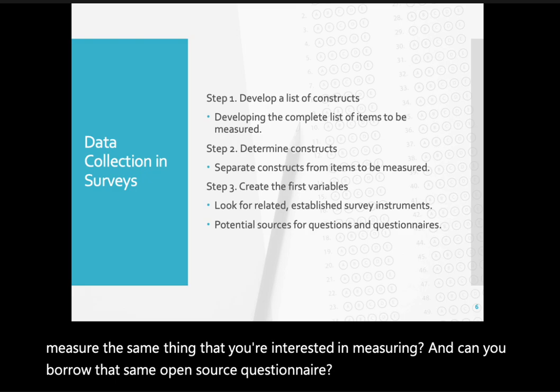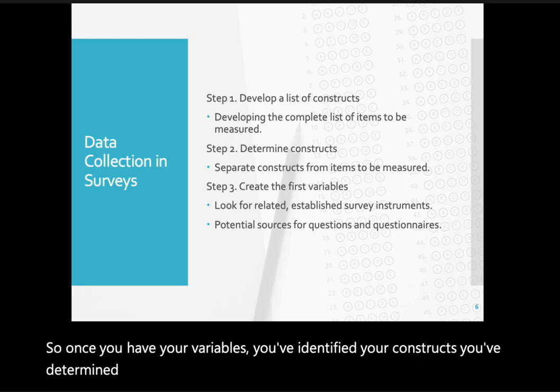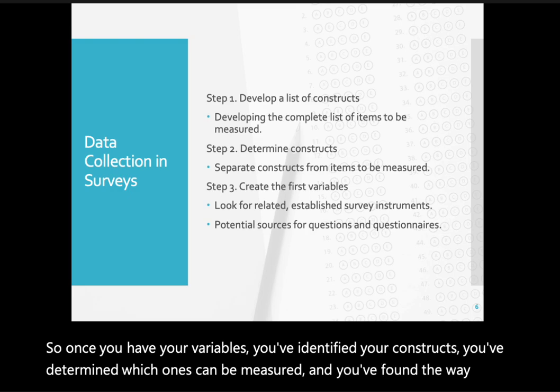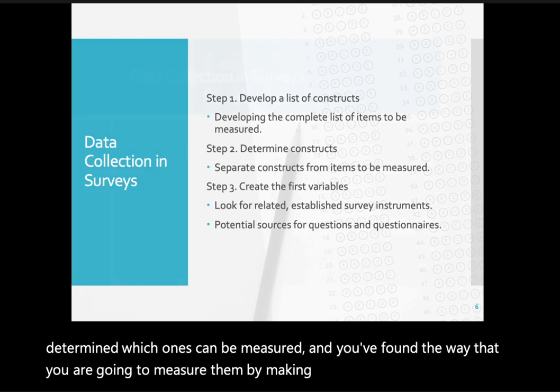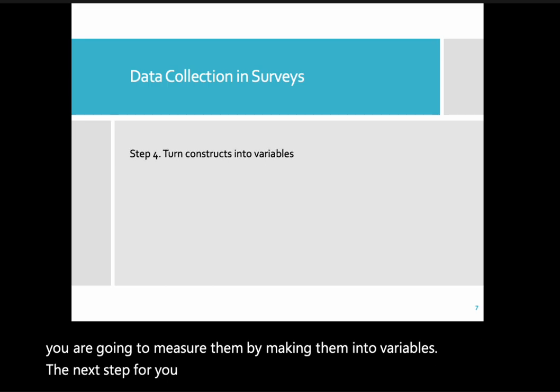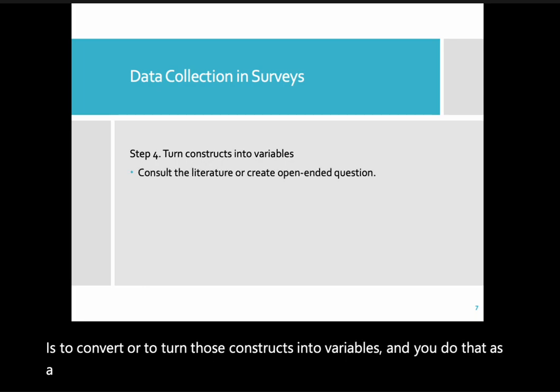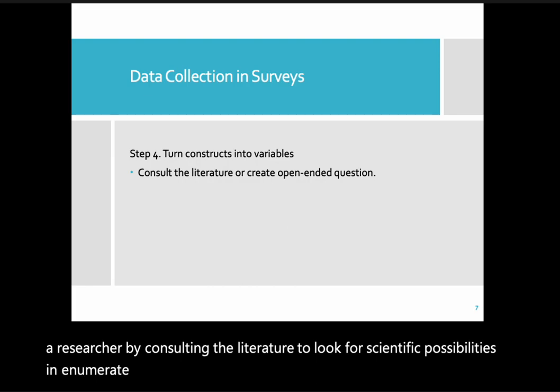So once you have identified your constructs, you've determined which ones can be measured, and you've found the way that you are going to measure them, the next step for you as a researcher is to convert or turn those constructs into variables. And you do that by consulting the literature to look for scientific possibilities and enumerate them on the questionnaire.